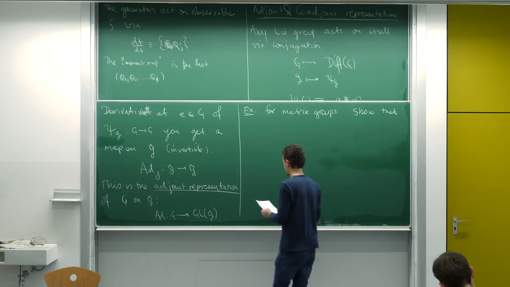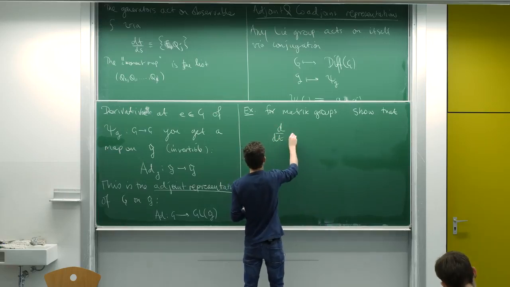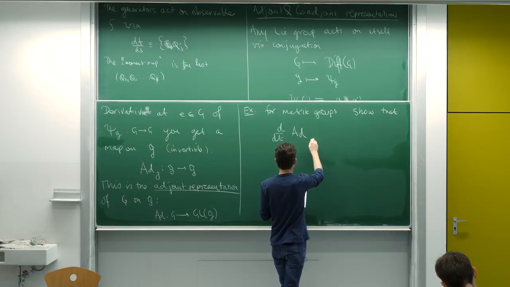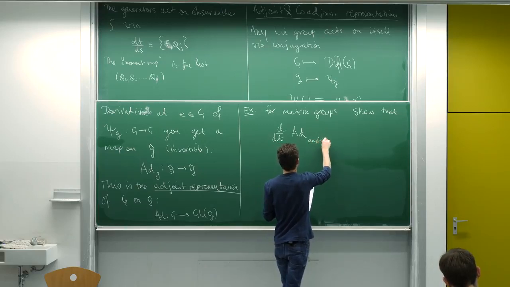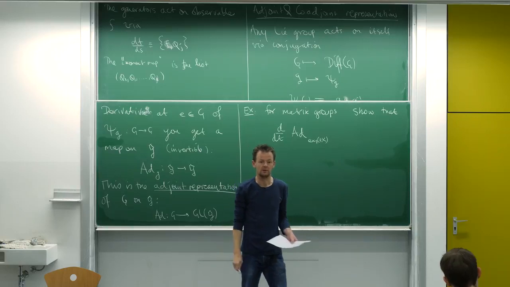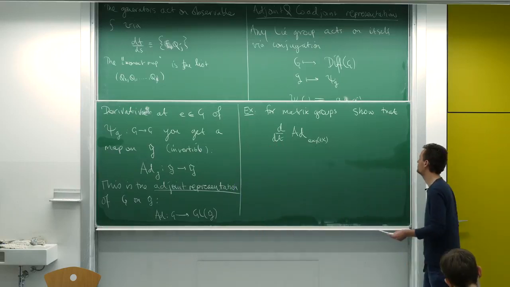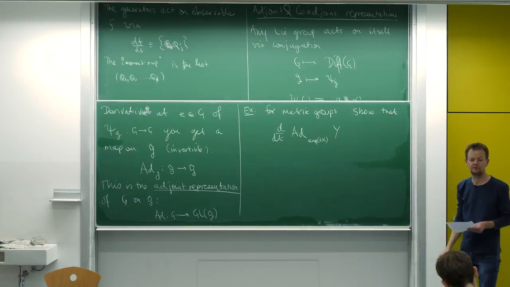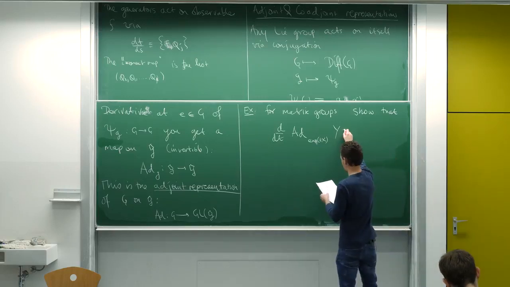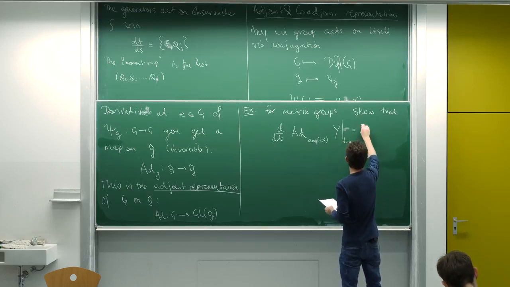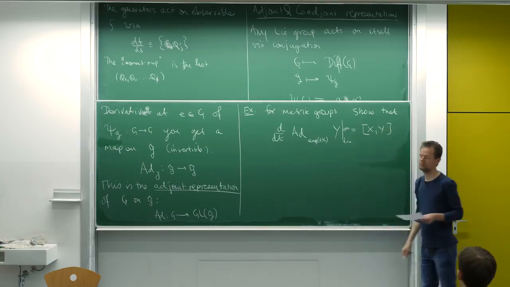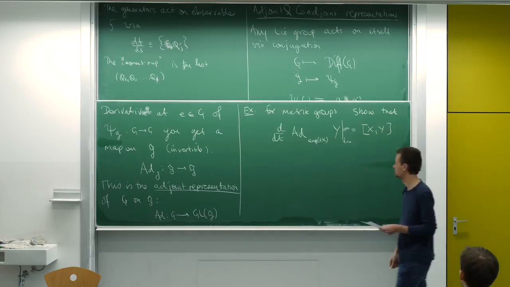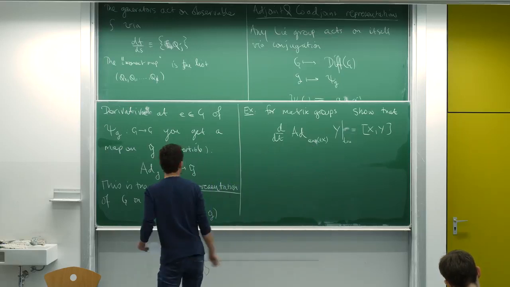We show that for matrix groups, if you take the adjoint action of some element of the matrix group, which you can always write as an exponential, we proved that yesterday, acting on some left invariant vector field, at t equals 0, that's none other than the straight commutator, for all x and y.